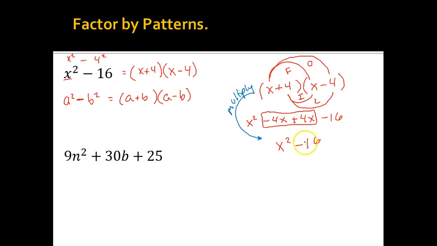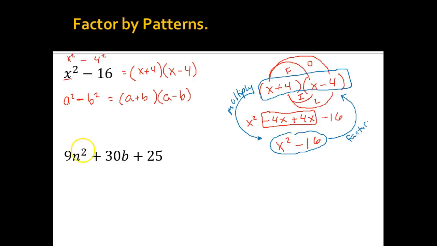But now we are given the answer, x squared minus 16, and we're asked to come the other direction and come up with the question: what was the original question that gave us that answer? That process is called factoring. So start with the factors and multiply them together, that's multiplying, and start with the answer and break it down into the factors, that's called factoring, and that's what we're doing today.